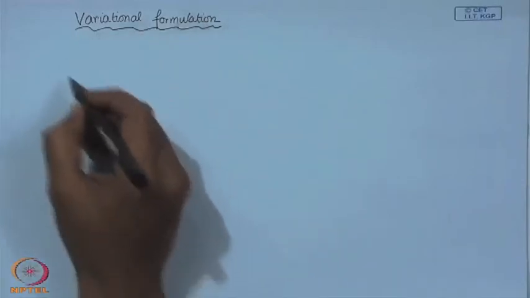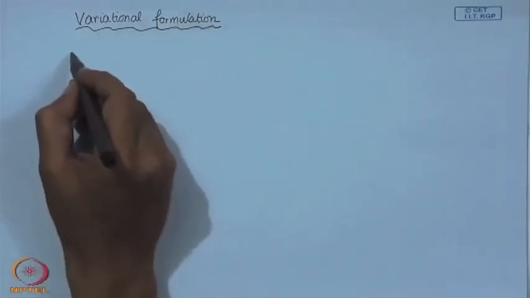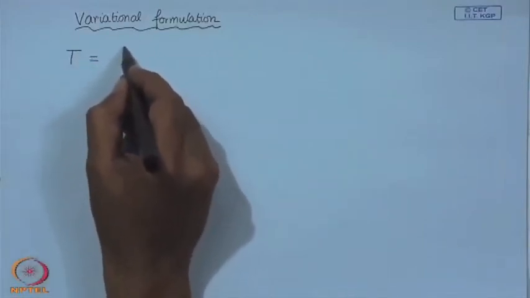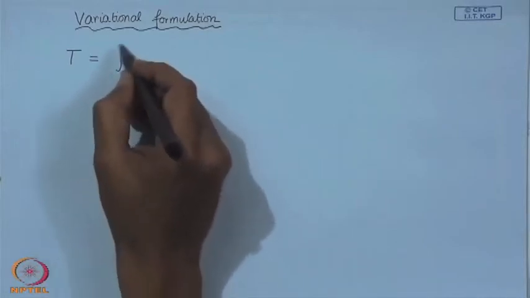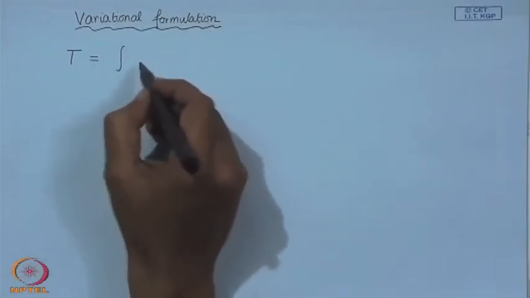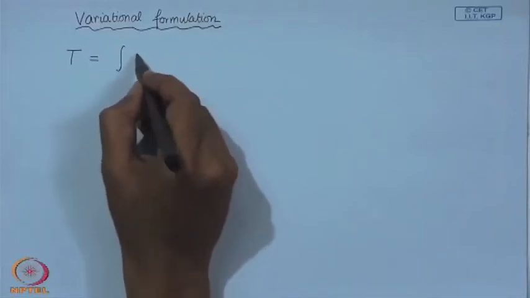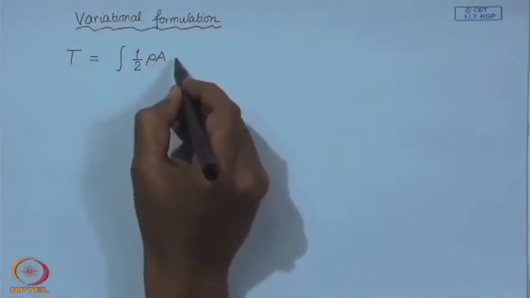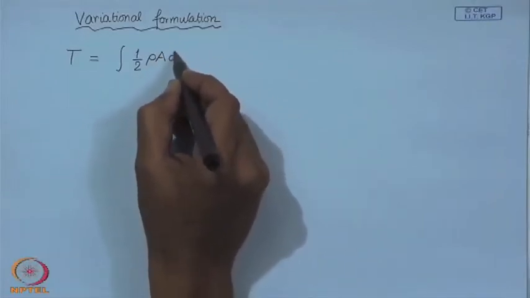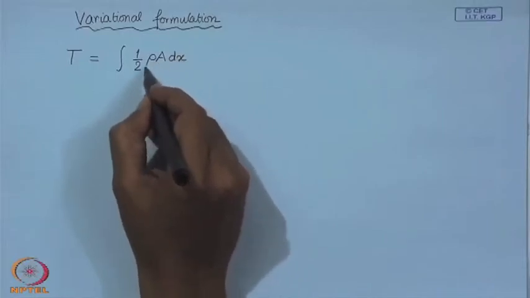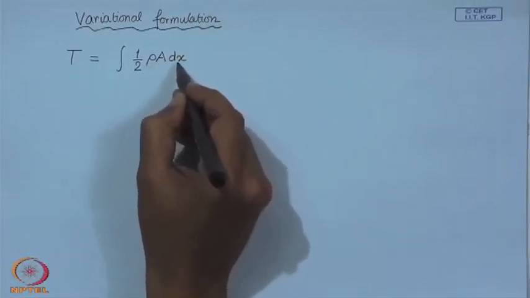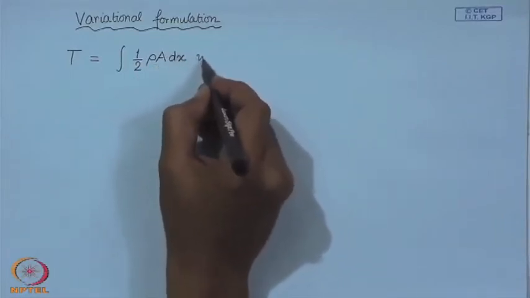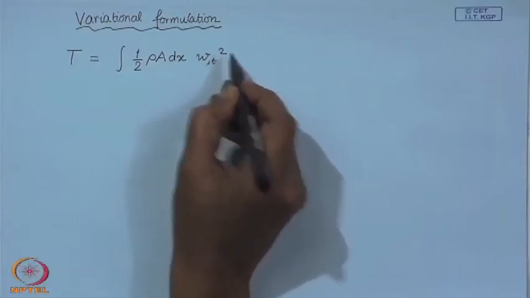Now, the first thing that we do in this variational formulation is write down the kinetic and potential energy expressions. So, the kinetic energy of a beam can be written as the translational kinetic energy, so rho A is the mass per unit length. So, into dx will give us the mass of a little element times the velocity square.